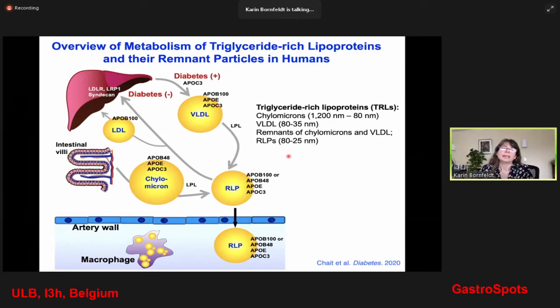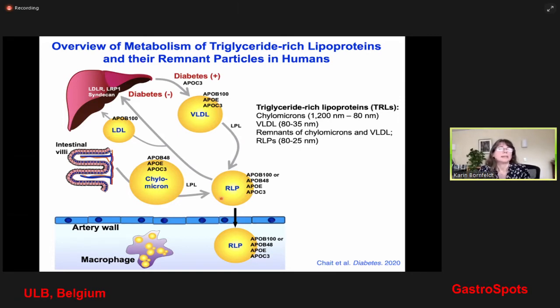And then the remnants of these chylomicrons and VLDLs, which I will refer to as RLPs. These range in size from 80 to 25 nanometer or so, and they get progressively smaller as the VLDL and chylomicrons are hydrolyzed by lipoprotein lipase. And so then you get smaller and smaller RLPs.